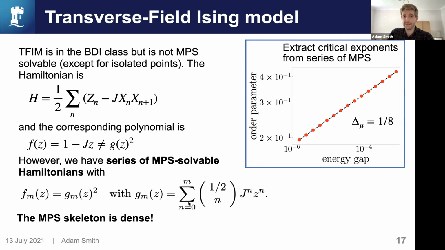And these are of this form. Basically, what we've done is say that f of z is equal to the square of a function, and that would be a square root. And now by expanding the square root as a polynomial, we can come up with these MPS-solvable Hamiltonians.